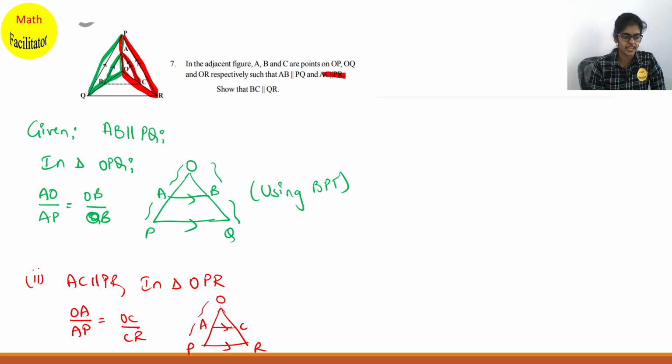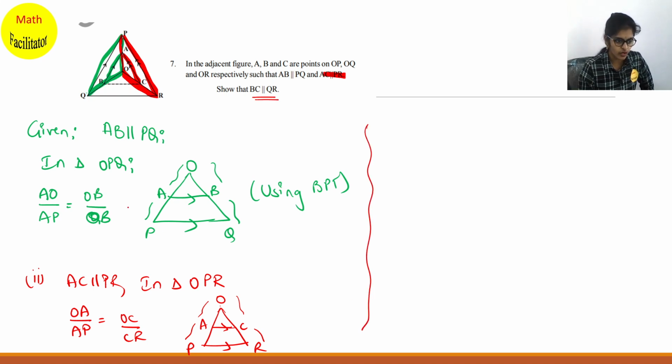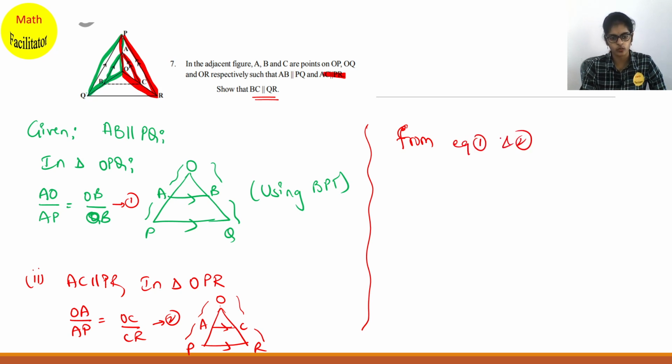So OA by AP is equal to OC by CR. So now what should you prove? You should show that BC is parallel to QR. How shall we show? So now this is equation 1. This is equation 2. So using 1 and 2, what can I say? See, AO by AP or OA by AP are the same. So from equation 1 and 2, I can say OB by QB is equal to OC by CR.